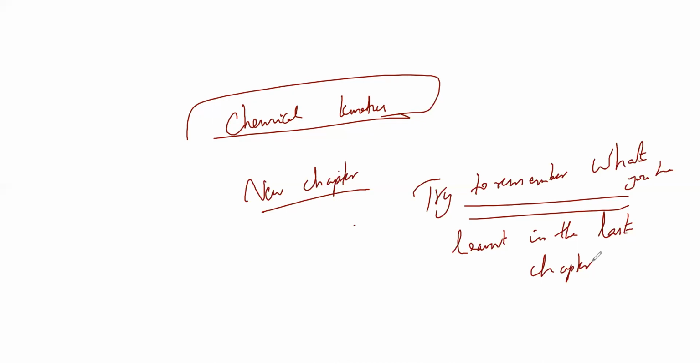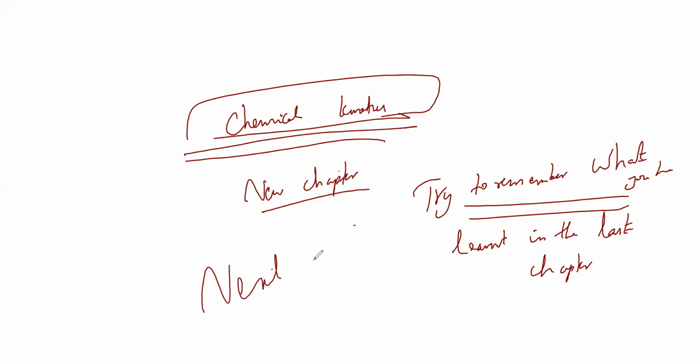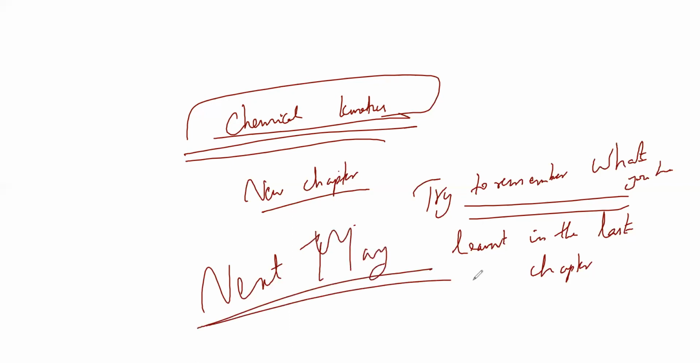Okay, we should be full of confidence and we should be confident in ourselves that once we learn this thing, we will not forget. So the benefit of this is, suppose today I'm teaching chemical kinetics. Next year, next June or next May, you have to remember the same topic.